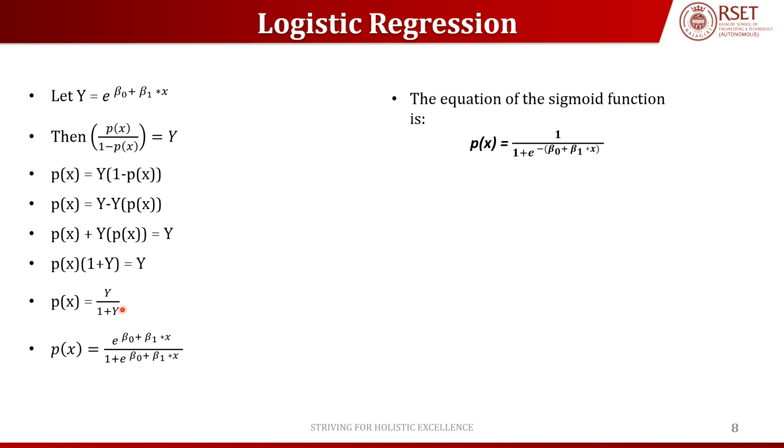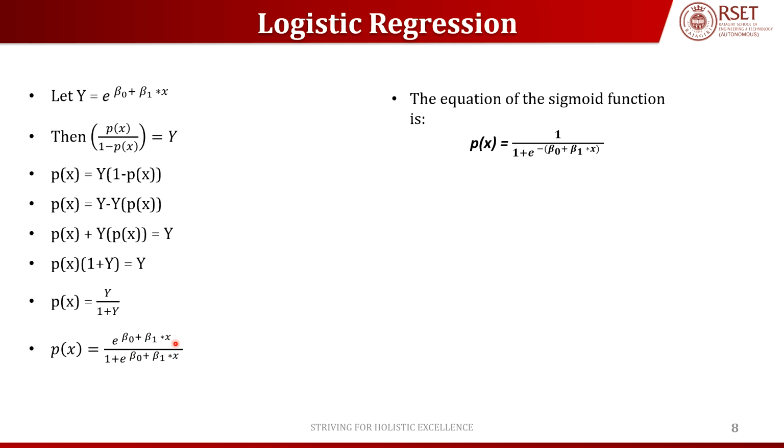Now resubstituting this y value back as e raised to beta 0 plus beta 1 x, it will be like this: e raised to beta 0 plus beta 1 x divided by 1 plus e raised to beta 0 plus beta 1 x. So the equation of the sigmoidal function will be this. How did we get this? We divide the numerator and denominator by e raised to beta 0 plus beta 1 x.